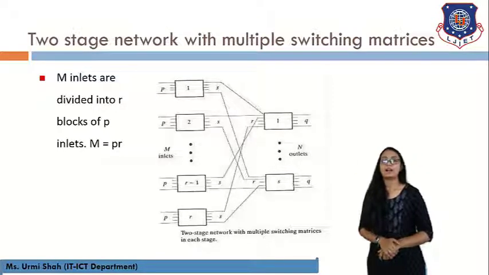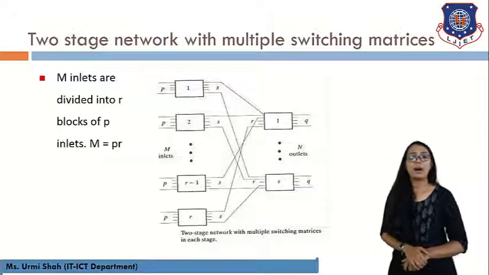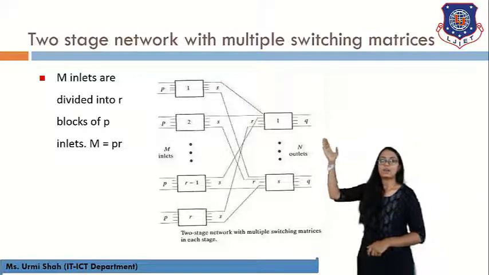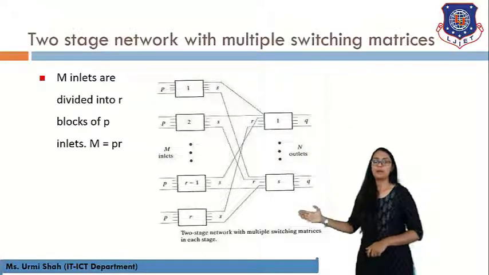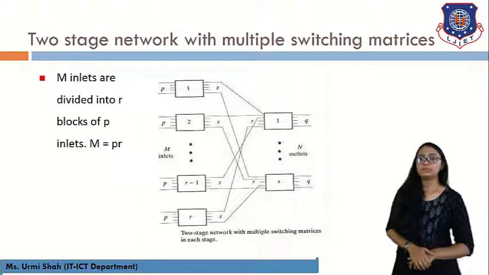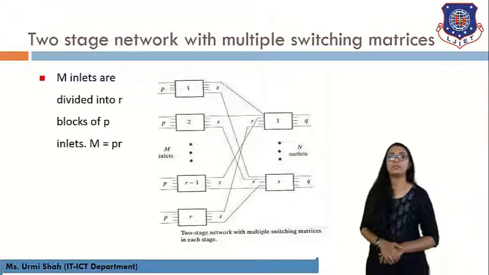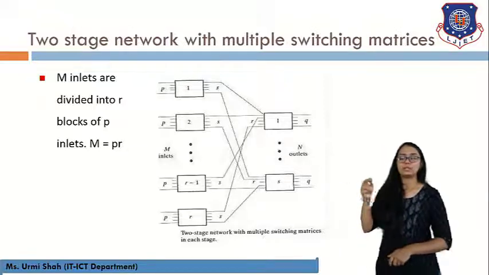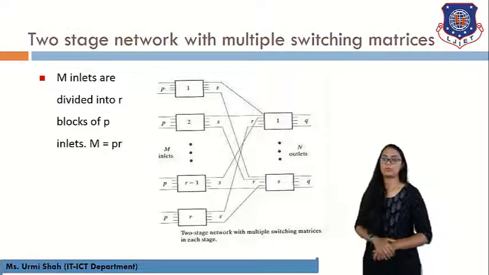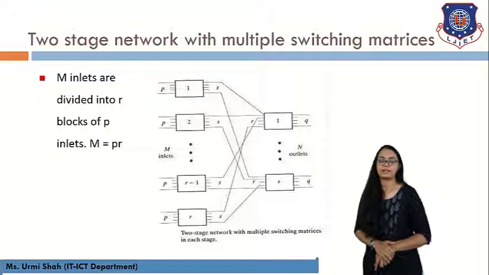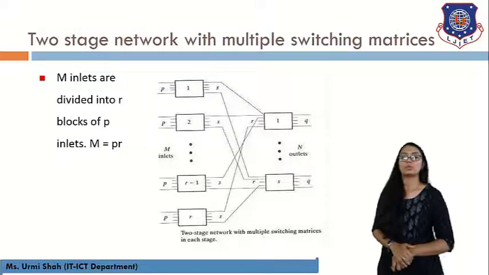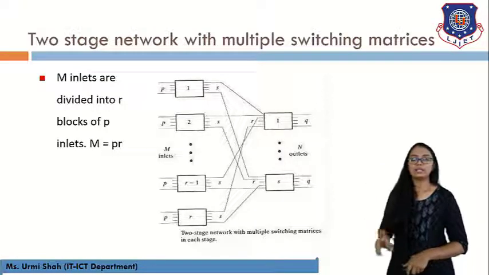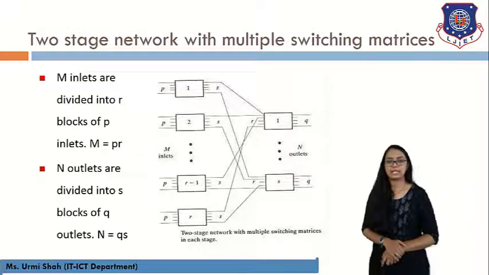The M inlets are divided into R blocks, numbered 1, 2, up to R, on the inlet side. Each block has P inlets, so M is equal to PR. P is the number of inlets per block, divided into R sections, so P into R is your number of inlets.